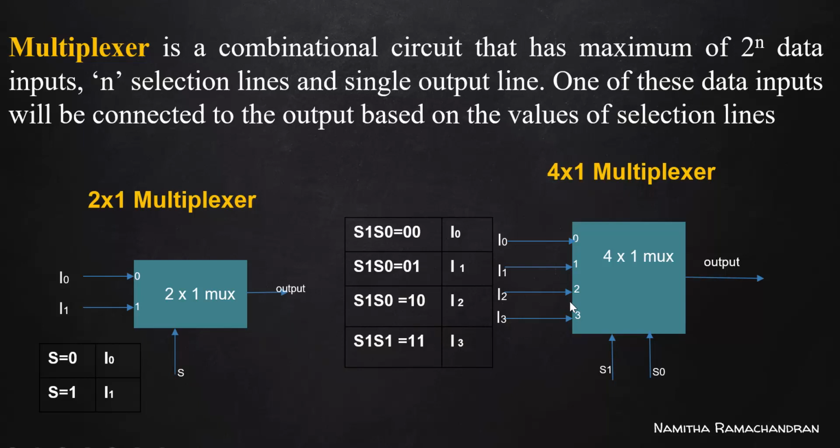So in that case, this multiplexer connects input 2 to the output line and blocks inputs 0, 1 and 3. And similarly, if the selection line is like 1 1, which is equivalent to decimal value 3, in that case, it connects input 3 to the output line and this multiplexer blocks the other 3 inputs. So this is the basic working principle of a multiplexer and this is a combinational circuit.